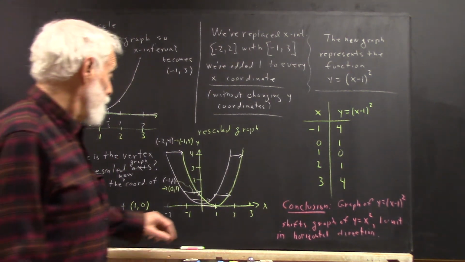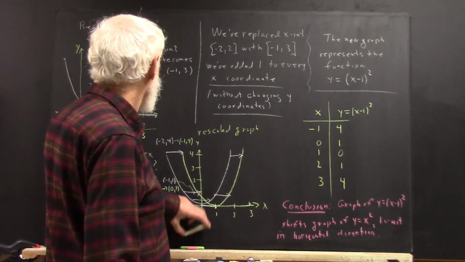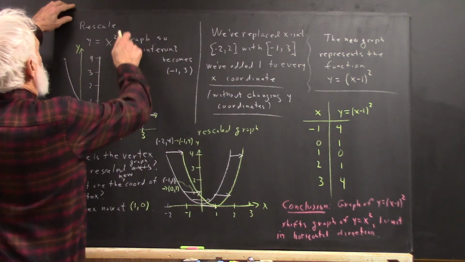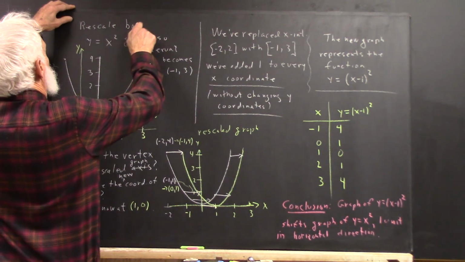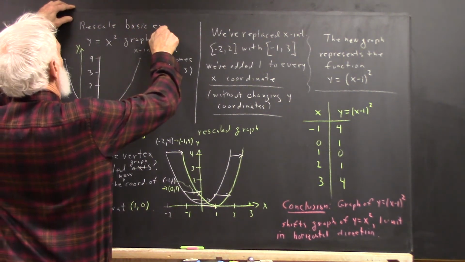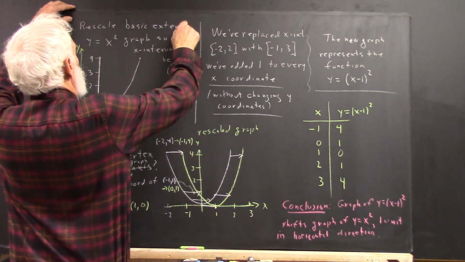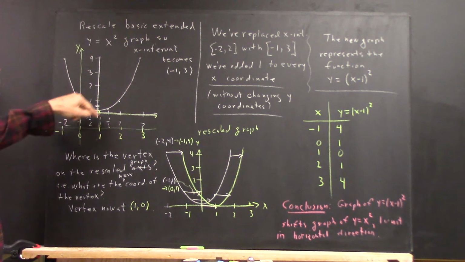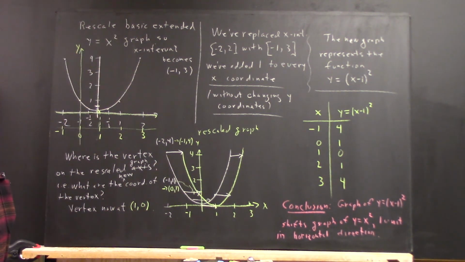Right. And incidentally, a little terminology that I should use more carefully. This is the basic extended graph. The basic graph of x squared would just be these 6, 7 points, okay? But that's what we've done.